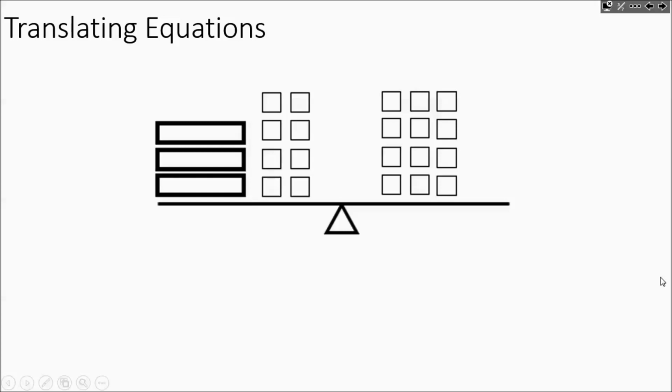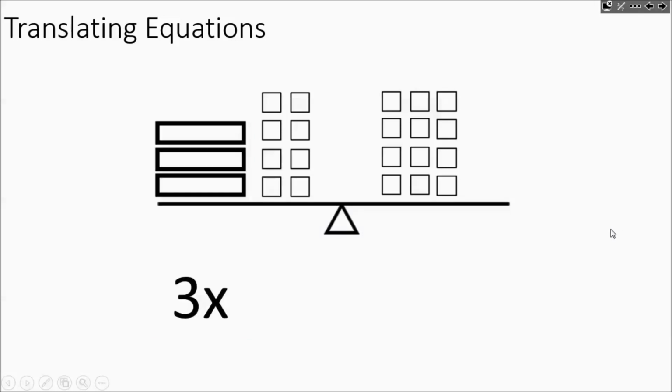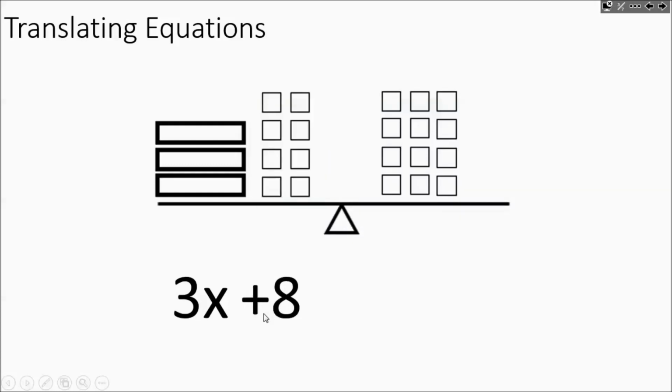So we have these items all on a scale. They're saying the scale's balanced. What we're going to do is just do it item by item and see what it translates to. So we have 3 of these rectangles. We said those were x's. We're going to call that 3x. We have these constants. For what we're doing right now, these are all positive constants, so we're going to think of this as positive 8, which you can write as plus 8.